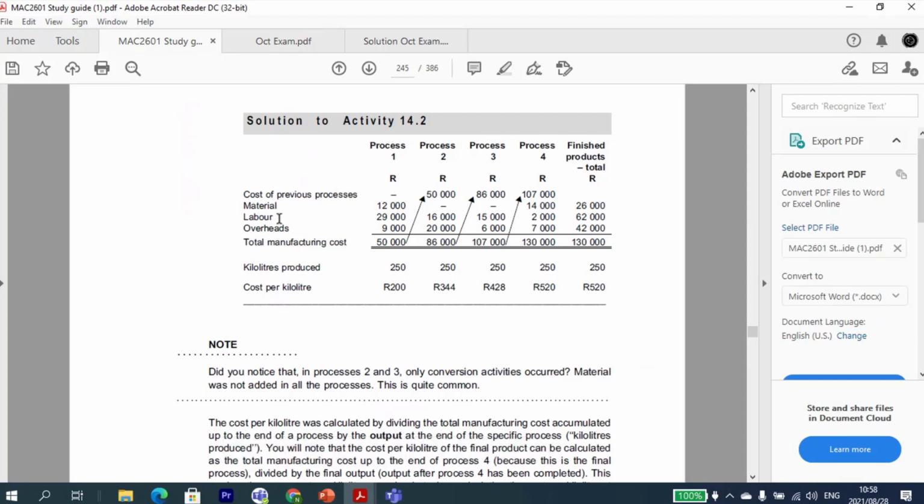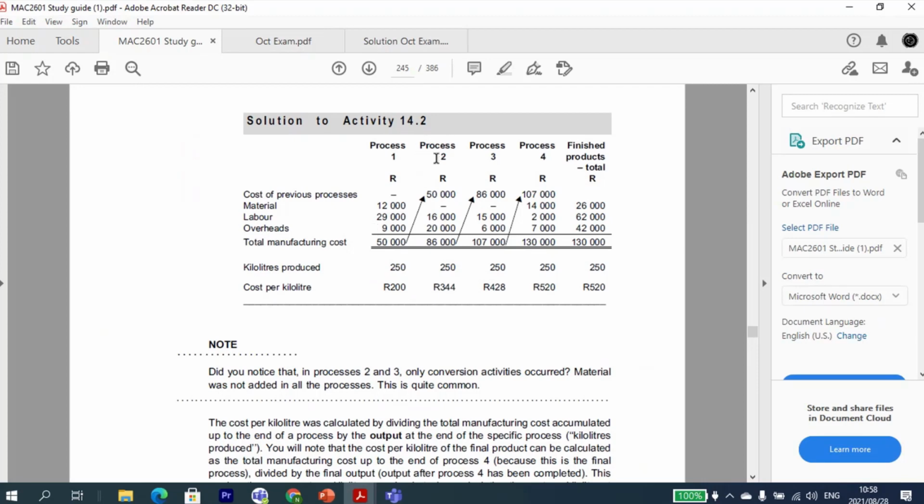Process 1, we are given material, labor, and overheads. We get our total manufacturing cost. Process 1, as you can see, is similar to how you would calculate your cost under a single process. Get your total manufacturing cost, get your kiloliters that you've produced, and you get your cost per kiloliter for process 1.